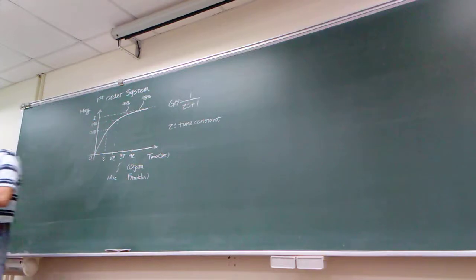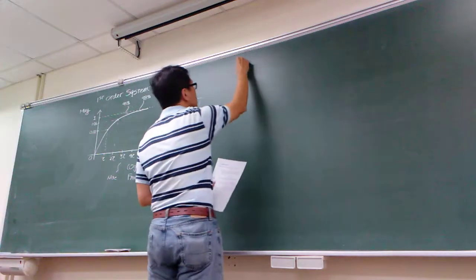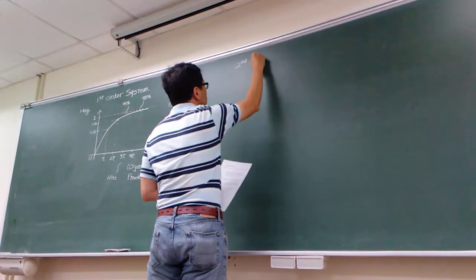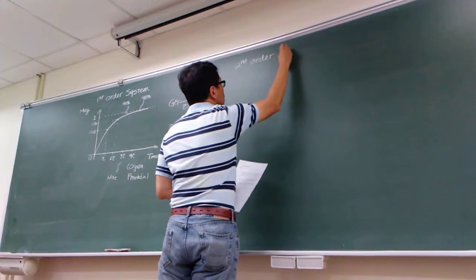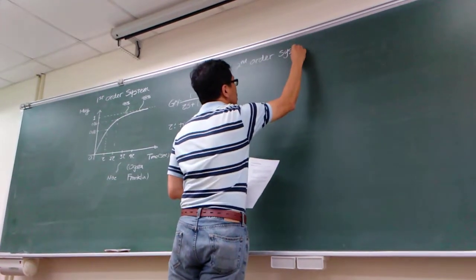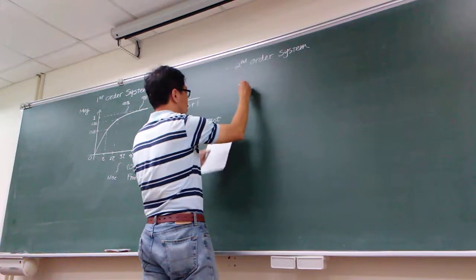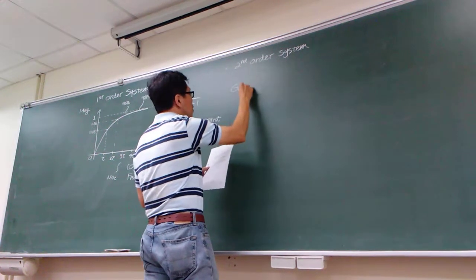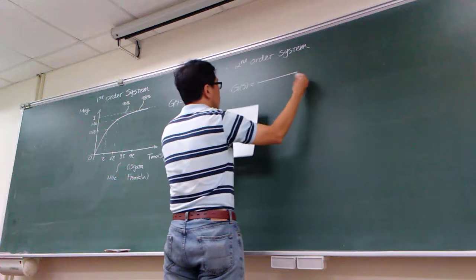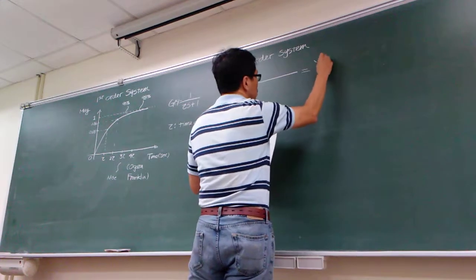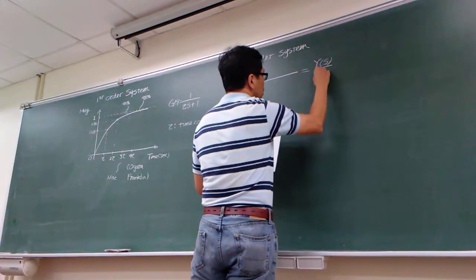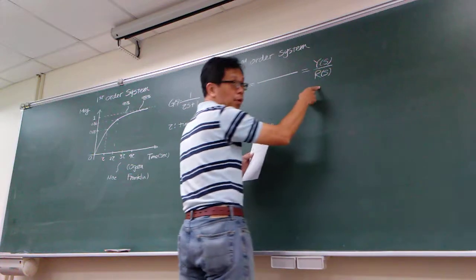Today we're going to talk about the second order system. For a second order system, it's going to be a little bit different. That is of course my output over input.